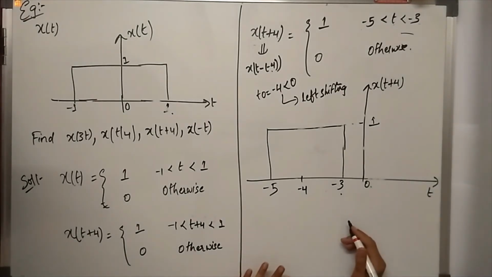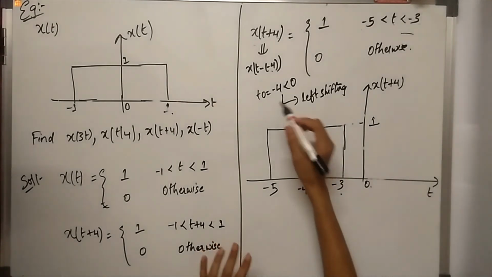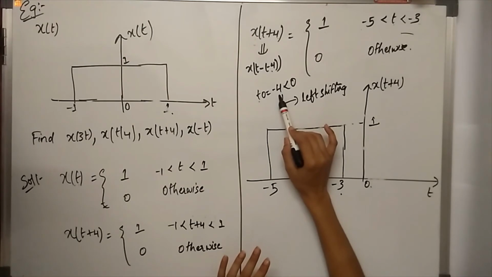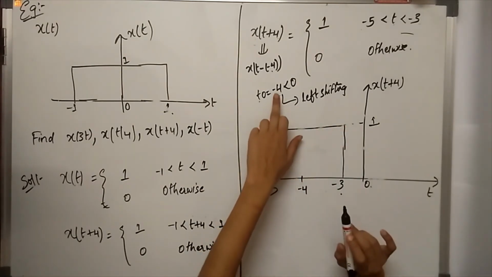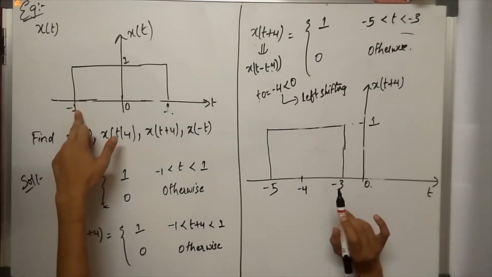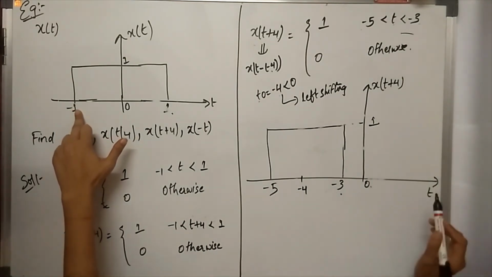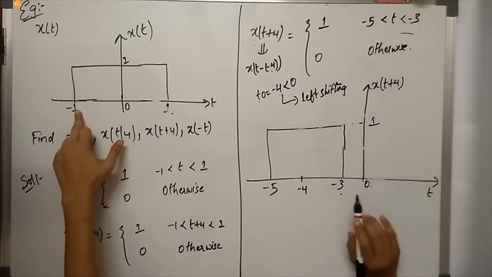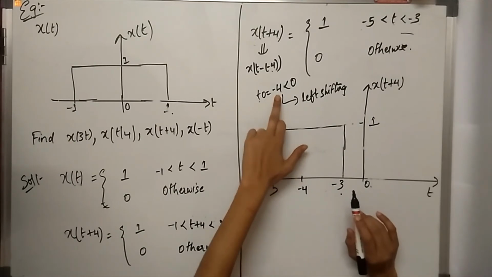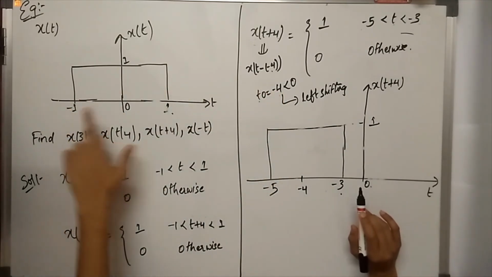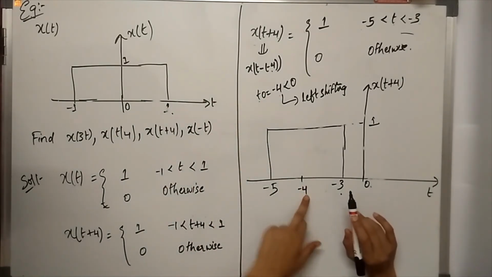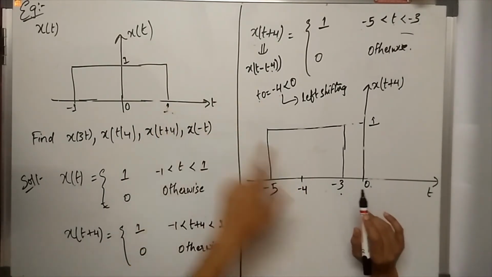Second observation. Once I find t naught equal to minus 4, all I need to do is add this minus 4 to the x-axis of x of t to get the x-axis of x of t plus 4. Minus 1 plus minus 4 is minus 5, 0 minus 4 is minus 4, 1 minus 4 is minus 3.